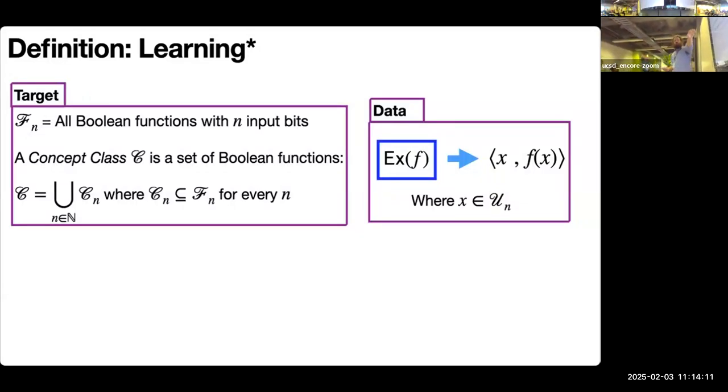The input is distributed according to the uniform distribution on n bits, the curly U sub n. The second bit is just the 1-bit evaluation of the function on that input.